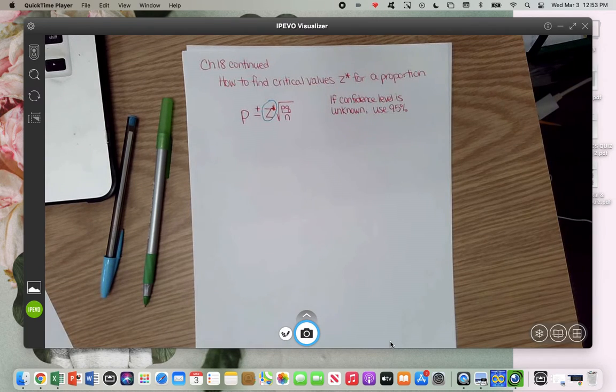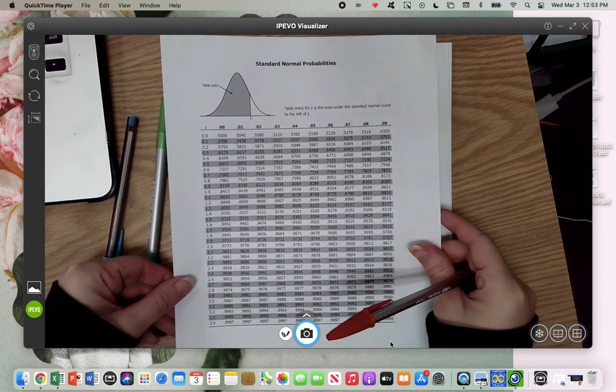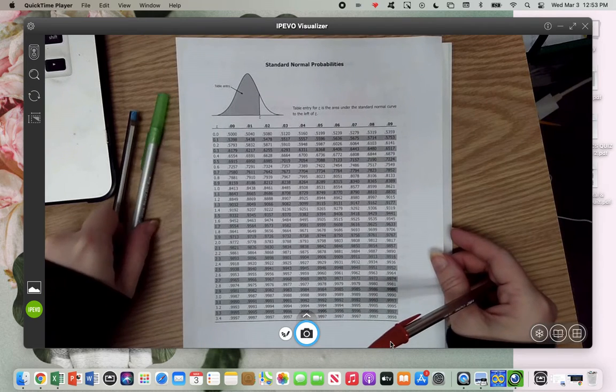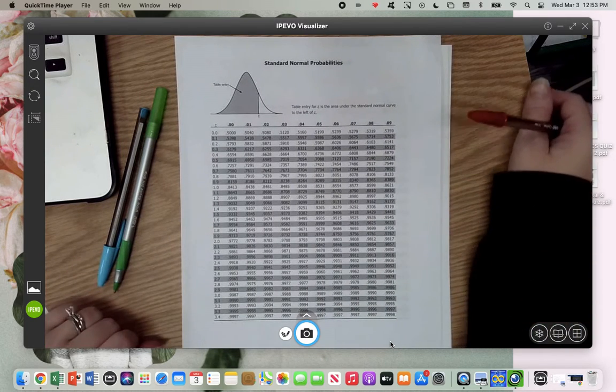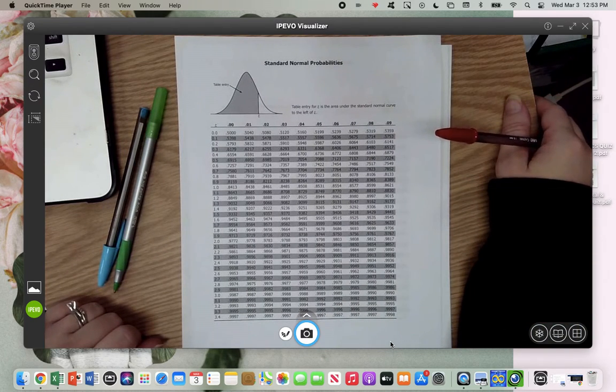So I want to explain how these z tables work. We are actually going to be using a z chart. So virtual students, you are going to have to print this out, and if you need me to print that out and have you come in and get it, that's totally okay. Doing this without a paper copy is going to be almost next to impossible. It's super difficult.